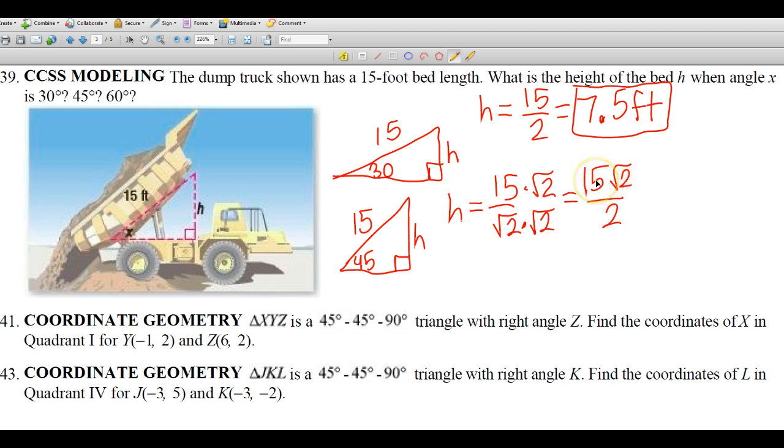And if we wanted a decimal approximation for that, we would just take 15 square root of 2 and all of that divided by 2, which is approximately 10.6.